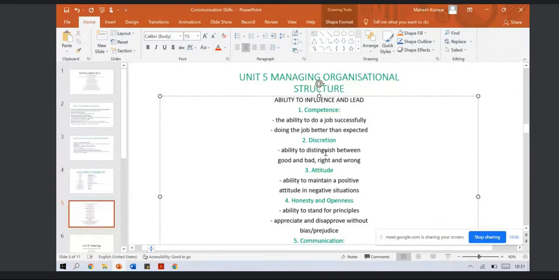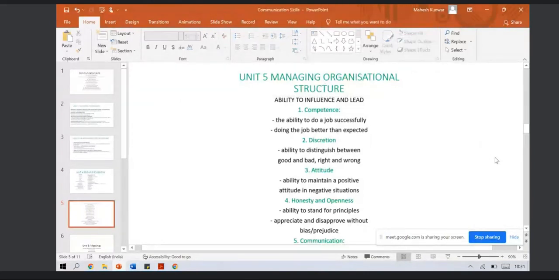There may be certain situations where you may not strictly follow your organization, but ultimately, for the long-term perspective of your organization or your career, you have to distinguish what is good, what is bad, what is the right way of doing. If someone is doing wrong, you should not do that. Shortcuts will always be wrong.